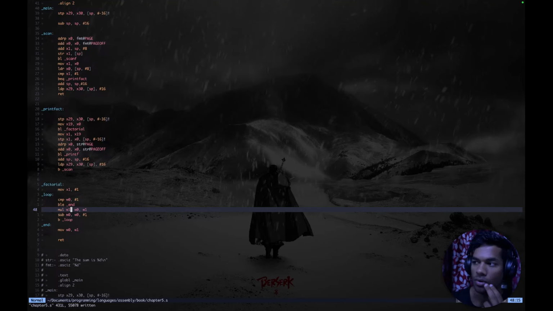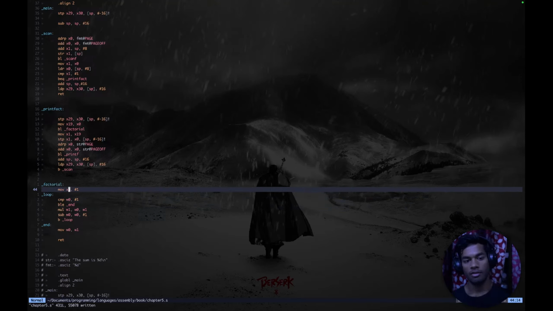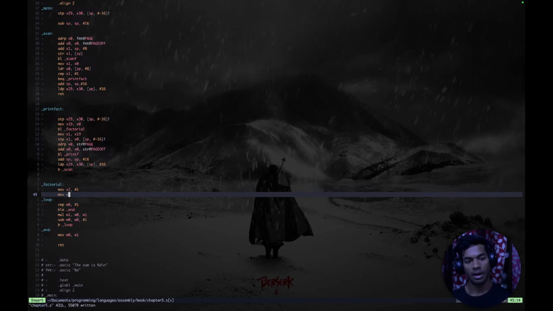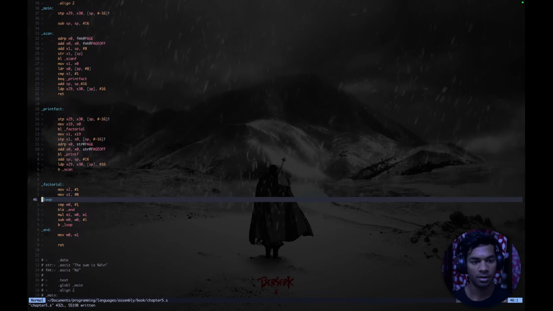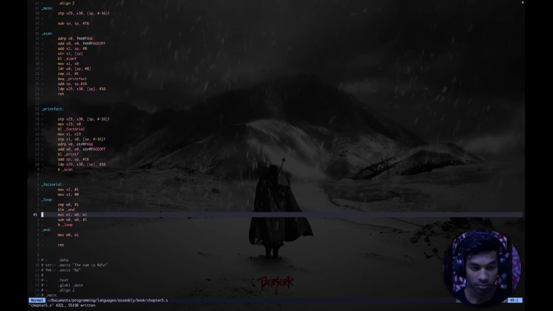Yeah. So the thing is that I will be storing the LSB in the second register and the MSB in the first register, like that. And then I would like to multiply and store.